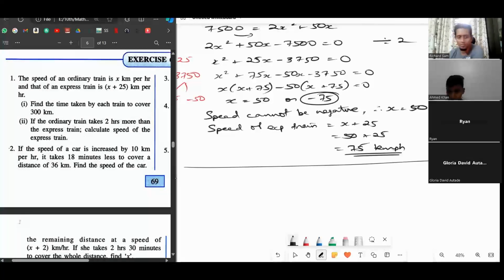It's one car only, but there are two different speeds. So they're saying if the speed of the car is increased by 10 kilometer per hour, it takes 18 minutes less to cover a distance of 36 kilometers. Okay, so what we'll write is slow and fast. What is the slow speed and what is the fast speed?